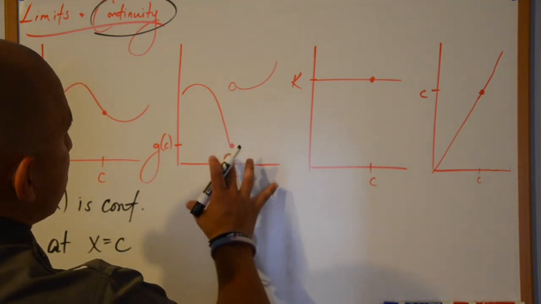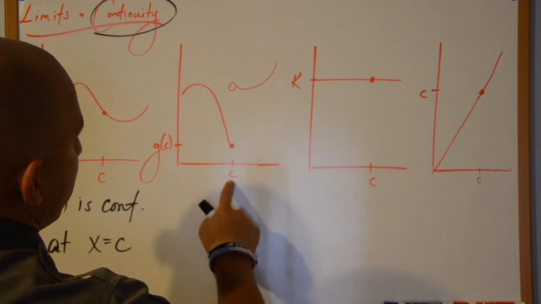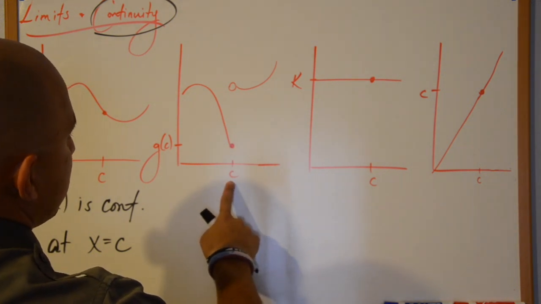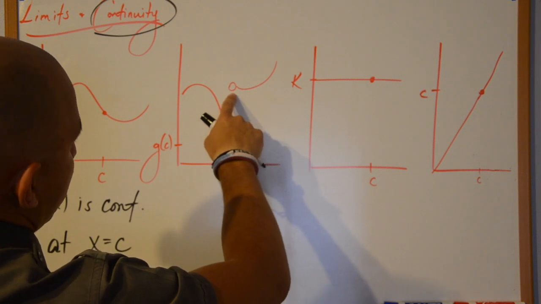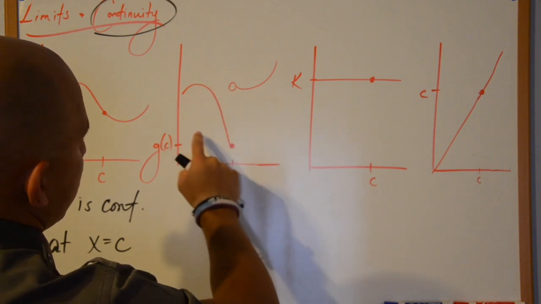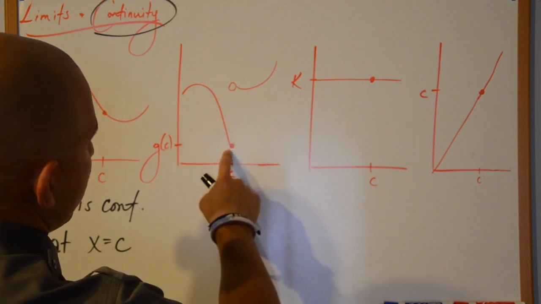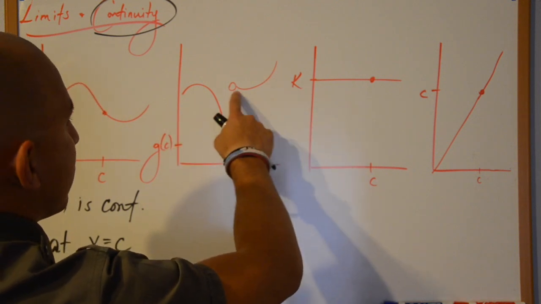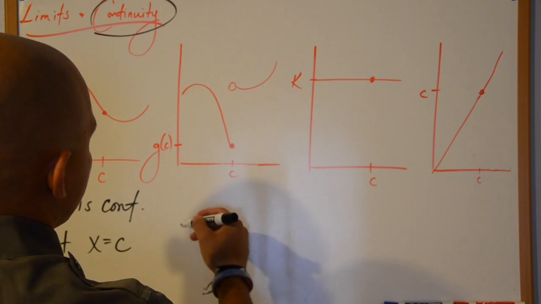Now notice here, we do have a defined value at c, but we also have an undefined value at c. From the left-hand side we reach a definitive value. From the right-hand side, we approach an undefined value.